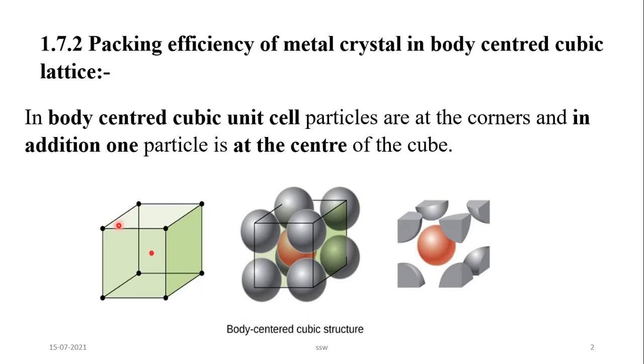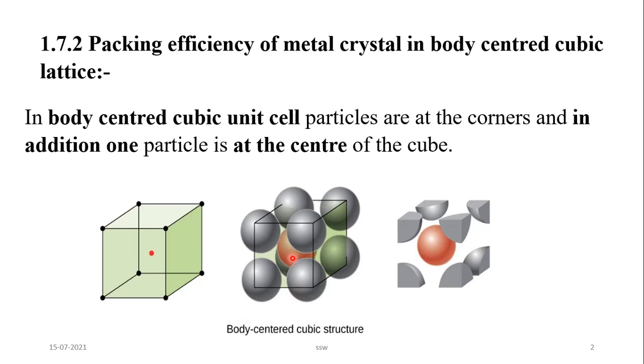Here, this is the body-centered cubic unit cell, and particles are present at the 8 corners of the cube. And one particle, this red colored particle, is present at the center of this cube. The 8 particles are at the corners and one particle is at the center.